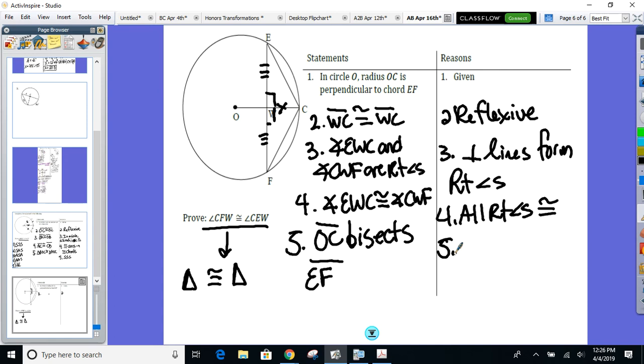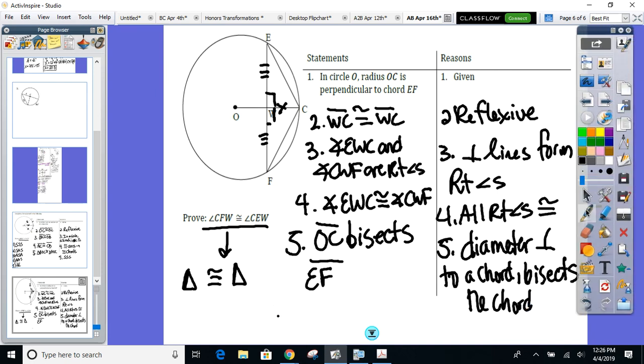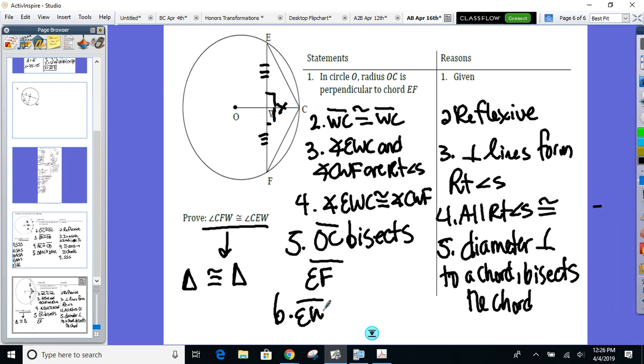This was the long one from yesterday. So: diameter, or you can write radius if you want, perpendicular to a chord bisects the chord. Then in step 6, you can say, because it's bisecting, now the two pieces, EW, is congruent to WF.